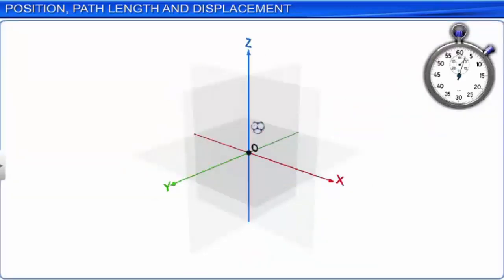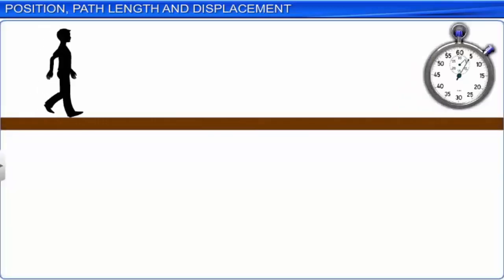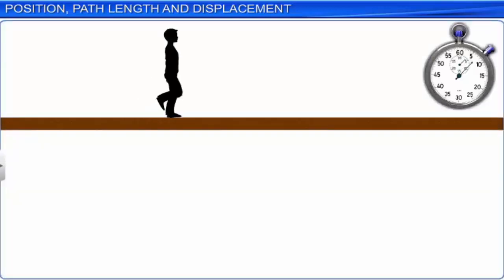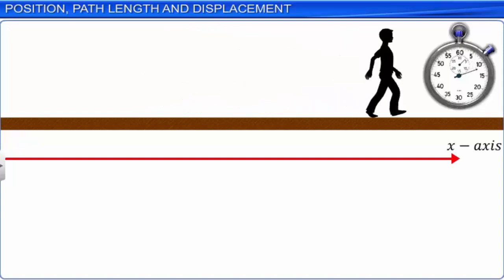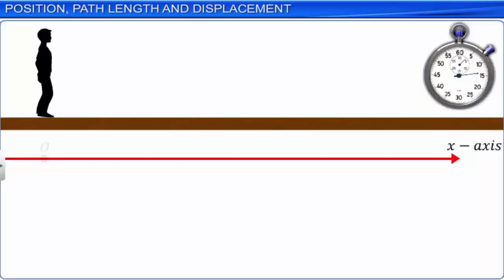Let's consider the example of a man walking along a straight line. Take the x-axis to coincide with the straight line. Fix the origin of the axis at the point from where the man starts walking. This is represented by x equal to 0 when time t is equal to 0.